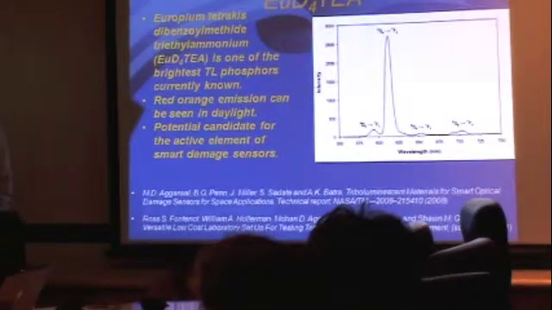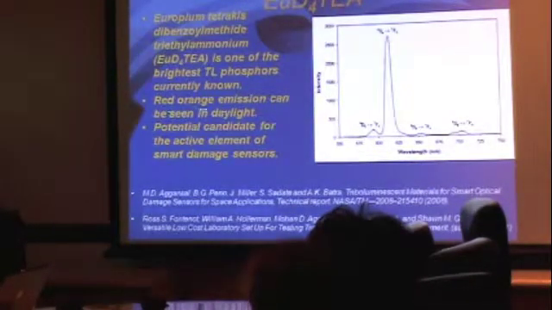We call it europium B4TEA, and this is one of the brightest TL phosphors currently known. This material gives us red-orange emission. You can see it in the daylight. Actually, in this room, I can crush that, and then you can see the light coming.